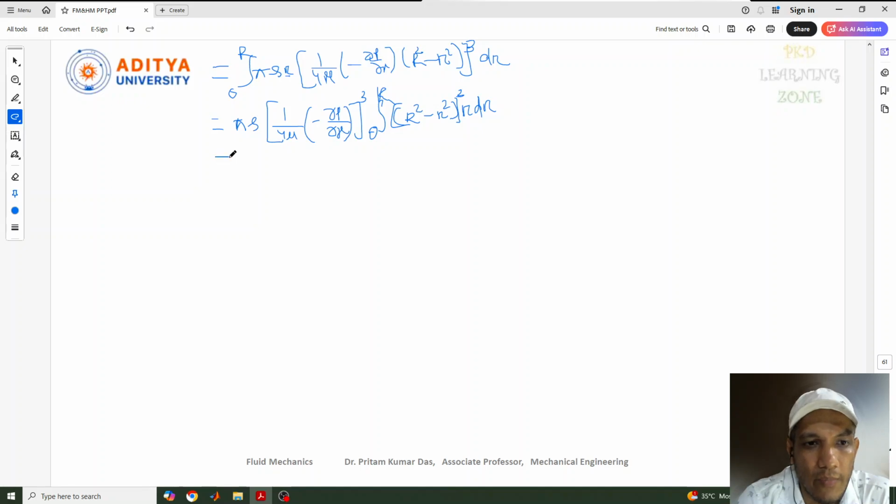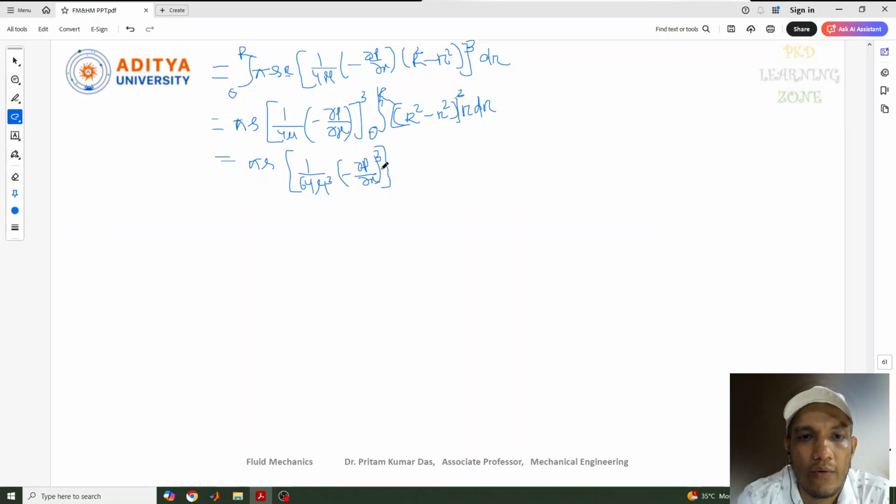Now let's solve this part, because now two parts are there, this is one part, this is another part. So let's write pi into rho, and 4 to the power 3, so we'll get here 1 by 64 mu cube, and this is again del p by del x whole cube. Now here the bracket is not required, we can just omit it because we already have the whole cube here.